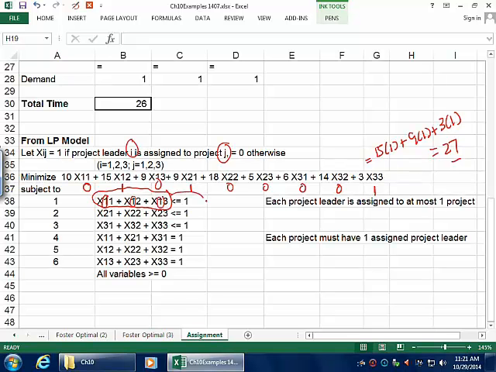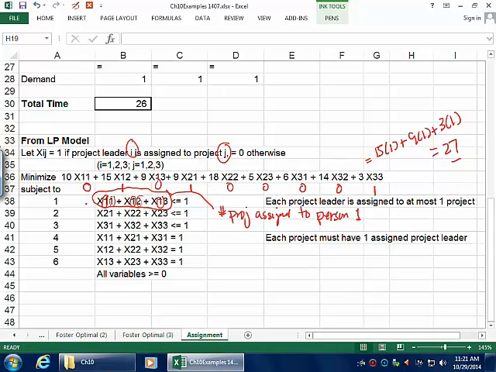So this is the number of projects assigned to person 1. The first index is the person number, the leader number, so it's x11, x12, x13. And then the second values are your project numbers. So it's just counting the number of projects, the number of ones.